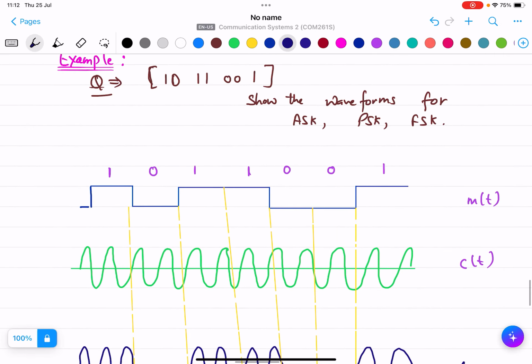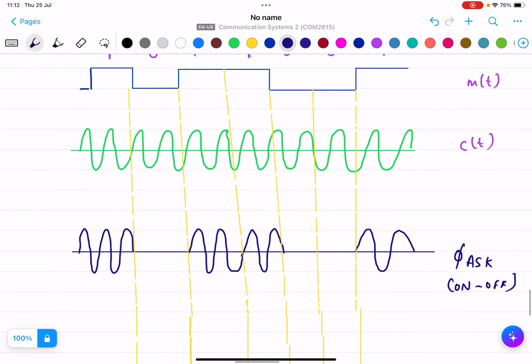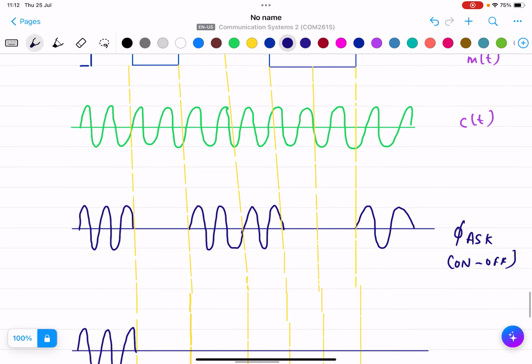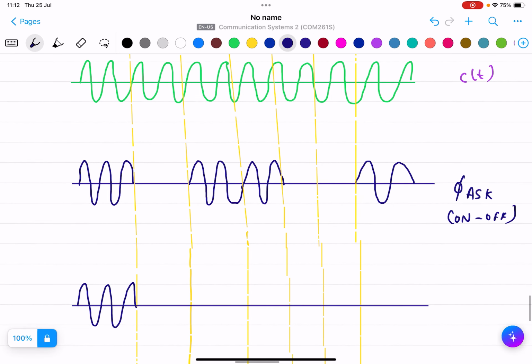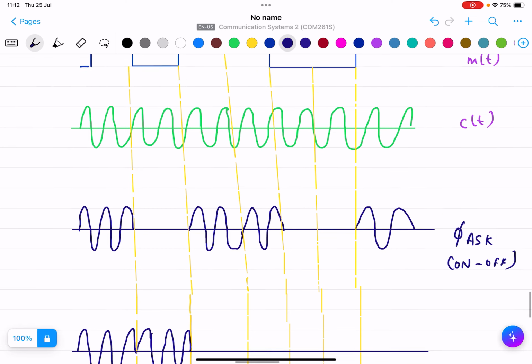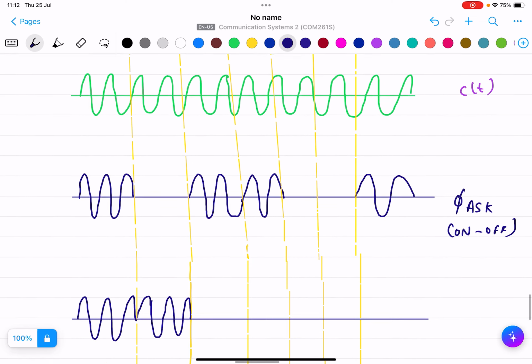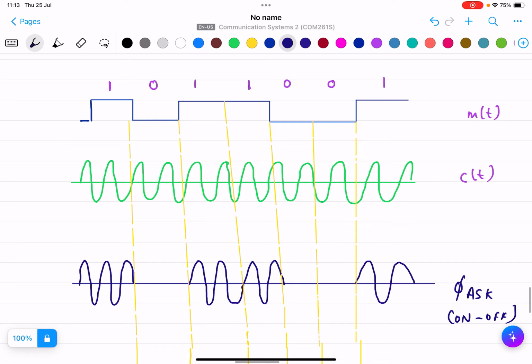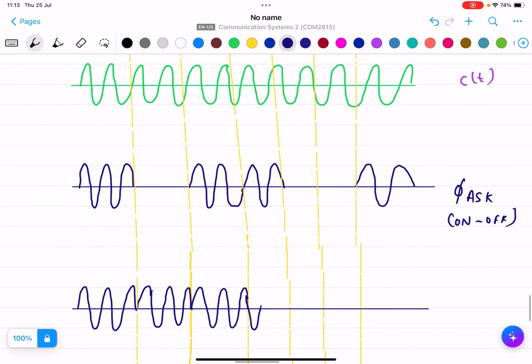Now tell me what will happen. Whenever there is a transition, there will be a phase change, otherwise there will be no phase change. Now I will draw for 1 first. So this is my carrier wave like this, and after 1 there is a transition. That means I'm going to do the phase reversal. Now it is 0, then again there is a transition, so I will do the phase reversal. Now after 1 it is 1, so we will not do any phase reversal and we will go like this.